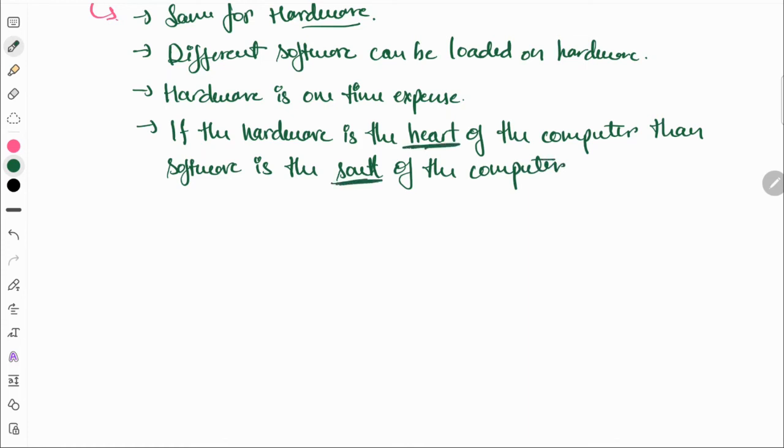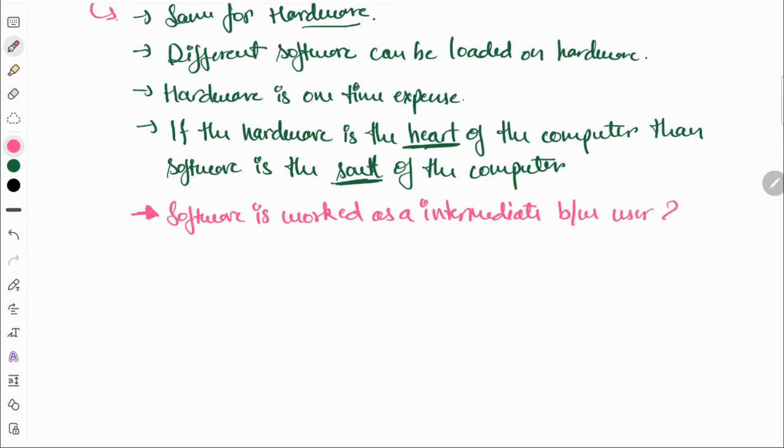Software acts as an interface between the user and the hardware. That's the most important line. Software works as an intermediate between user and the hardware.